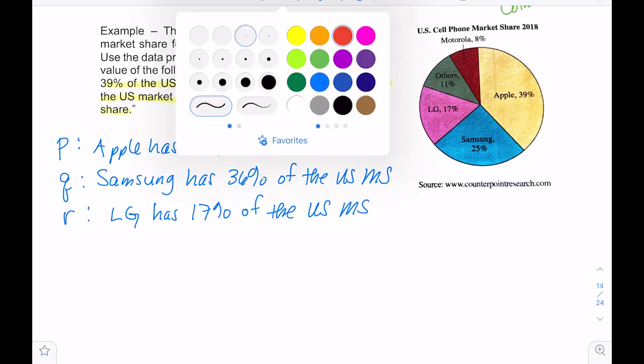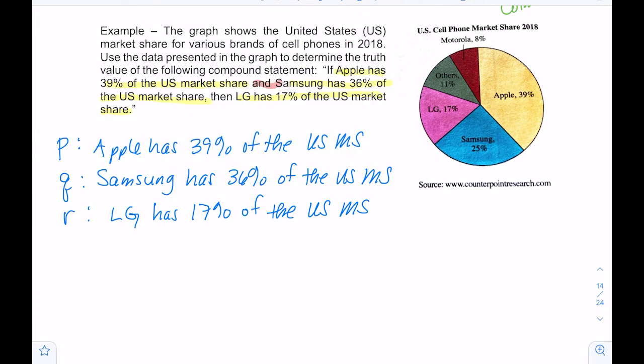So here, if I want to write this, I have an if-then, so I know that I'm going to have a right arrow. So this is going to be if P and Q, then R.